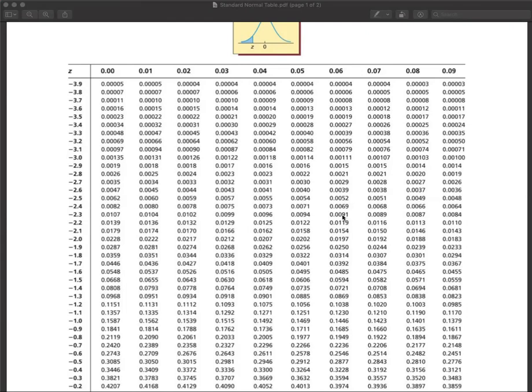So for 0.0091, that's negative 2.36, and for 0.0089, that's negative 2.37. So get the average of negative 2.36 and negative 2.37. So the corresponding z-score must be negative 3.65.